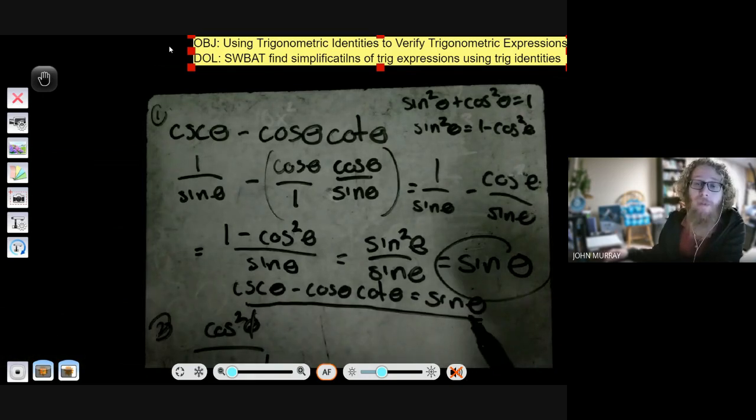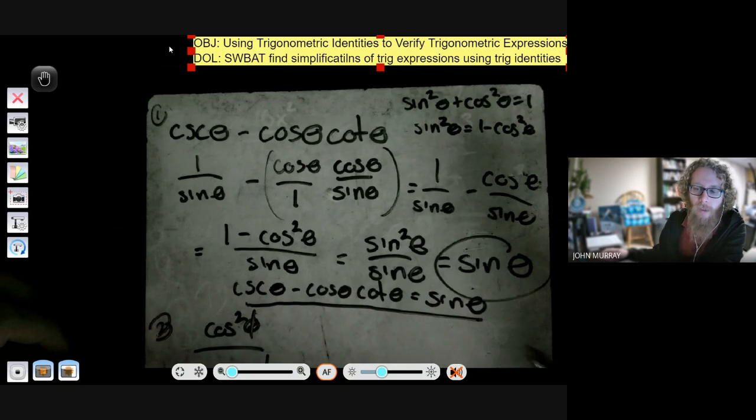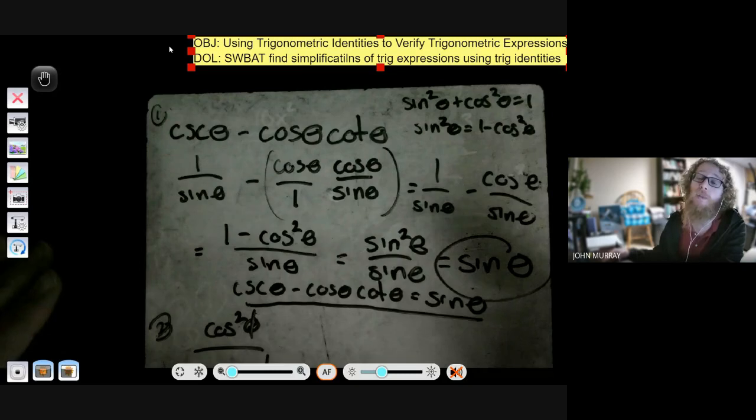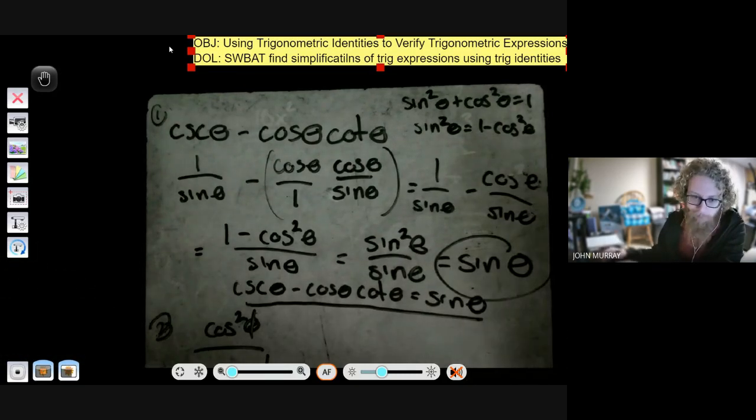And that's as simplified as we are going to get. I cannot simplify it any further than sine. Okay, any questions about the first one? You may have taken a different approach, but if your final solution is sine, you're good.